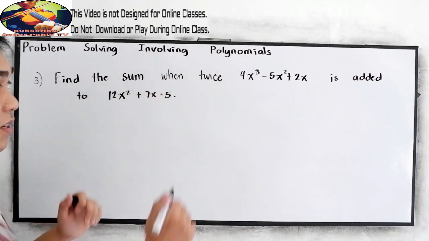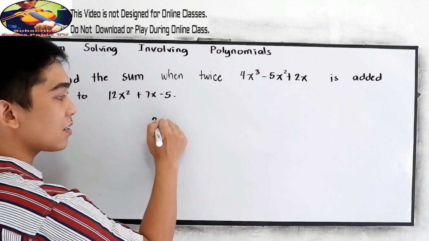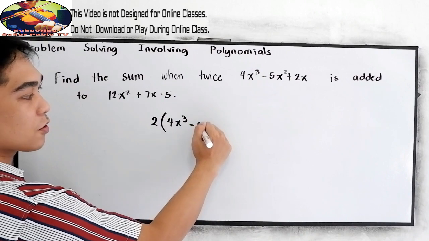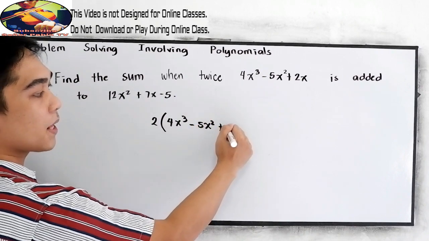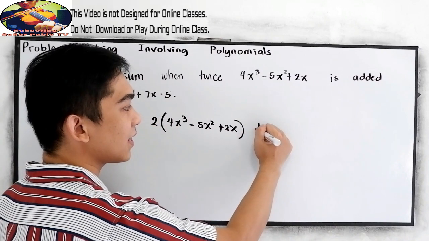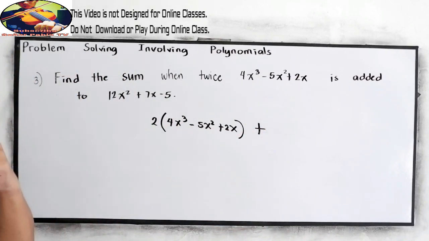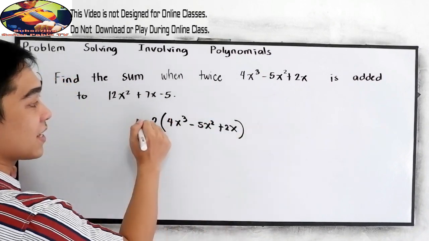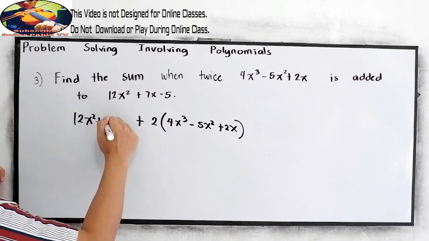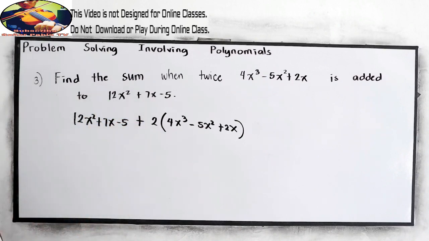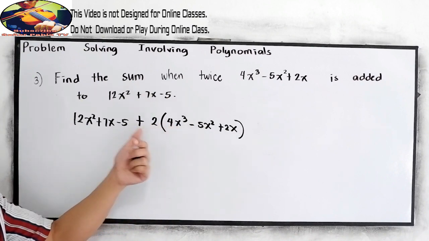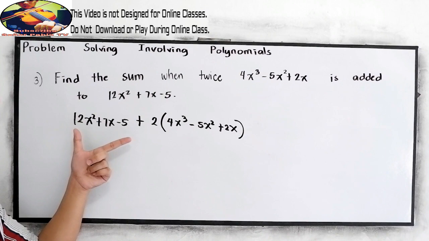So twice 4x cubed minus 5x squared plus 2x is added to 12x squared plus 7x minus 5. So twice this expression is added to 12x squared plus 7x minus 5.